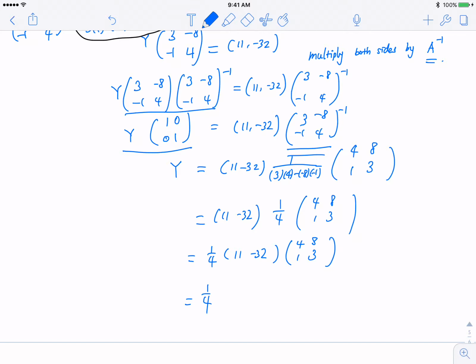So let's do the matrix multiplication now. Notice that the first matrix is a 1 by 2 matrix, and the second matrix is a 2 by 2 matrix. So we know the result is 1 by 2.